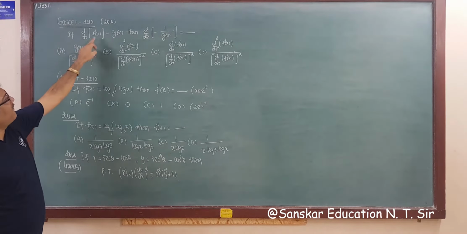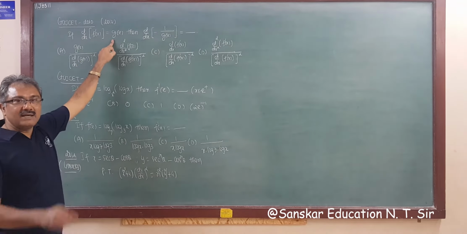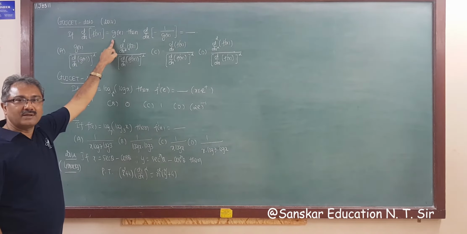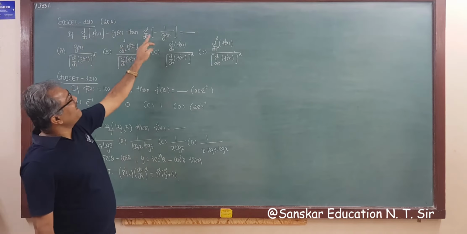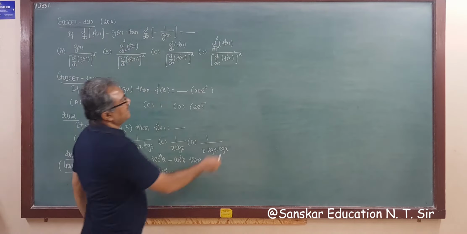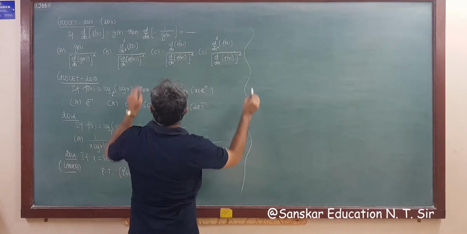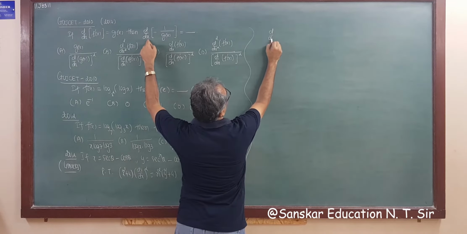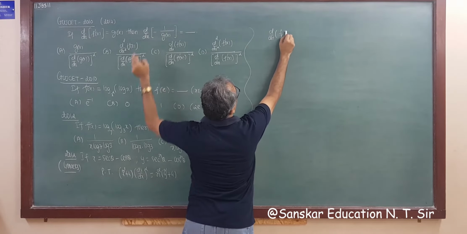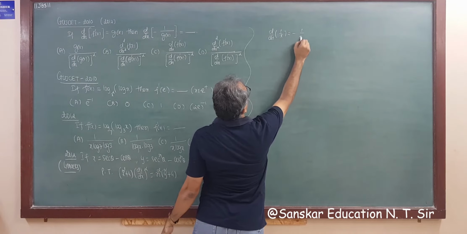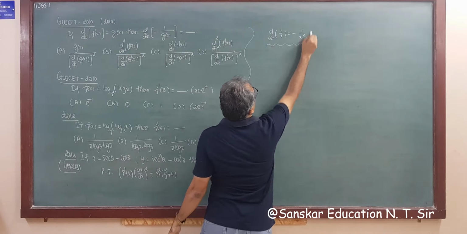If d/dx of f'(x) is equal to g(x), as we saw, then find d/dx of minus 1 upon g(x). Now, you know d/dx of 1 upon x is minus 1 upon x square. This is the standard formula.